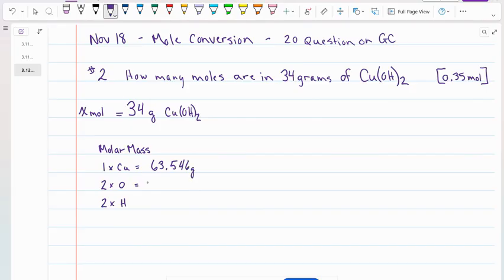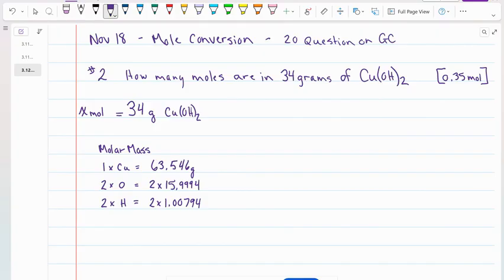And 2 oxygens would be 2 multiplied by 15.9994. And 2 hydrogens multiplied by 1.00794.